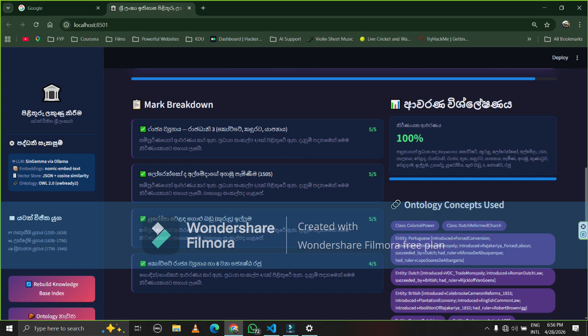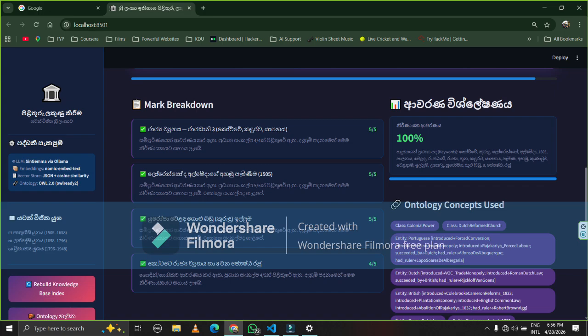It said these four will be tested, and you can see how deeply each is tested, like 4 out of the 5 marks has only been given to this one.